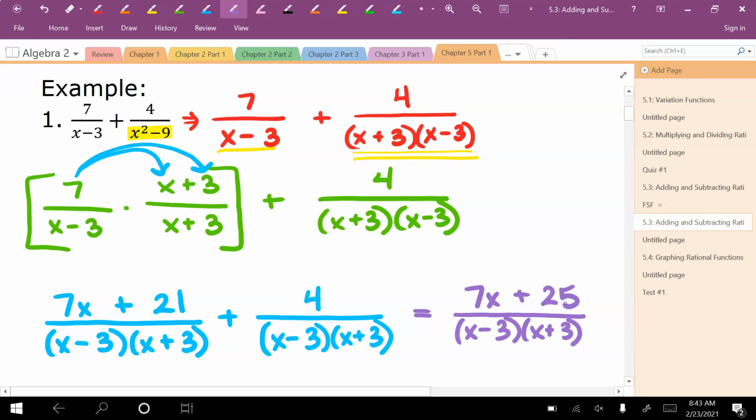At this point, I would check and see, is there anything that I could pull out of the top, that I could factor out, to see if I could get either an x minus 3 or an x plus 3 if I wanted to try to do any reducing, which in this case there's not. 7 and 25 don't have anything in common. 7's a prime number and it can't go into 25, so you can't even pull that one out. So I'm going to leave it right here.